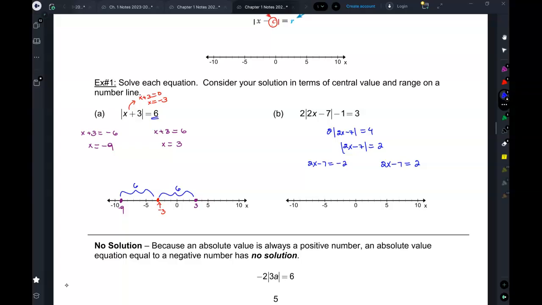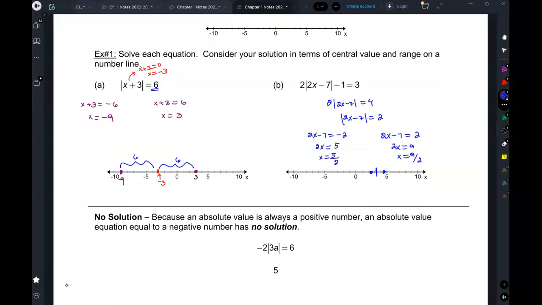So here, 2x is equal to 5. X is equal to 5 over 2. 2x is equal to 9. X is equal to 9 over 2, right? So where is 5 over 2? 2.5. Where is 9 over 2? 4.5. And what's that central number? Here, 3 over 2. 7 over 2.